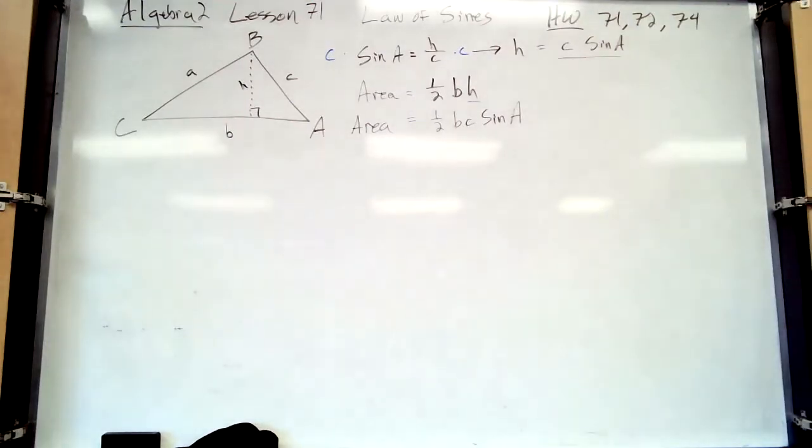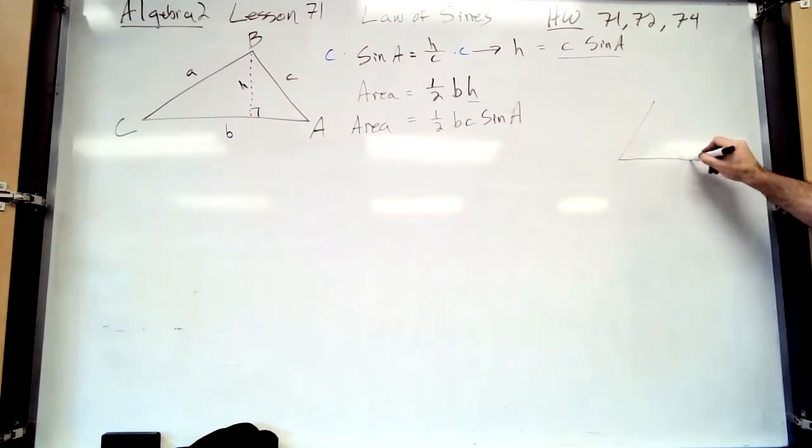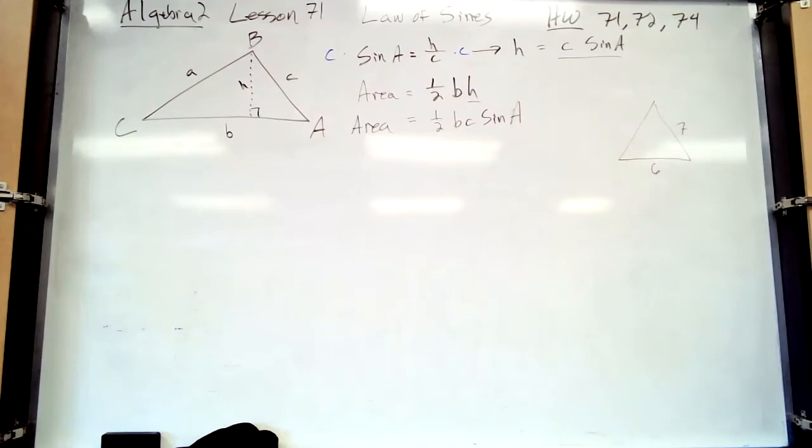So it's weird because it's kind of like the classic pre-algebra mistake: if you're trying to find the area of a triangle, it's not 6 times 7 divided by 2, right? It's base times height divided by 2.